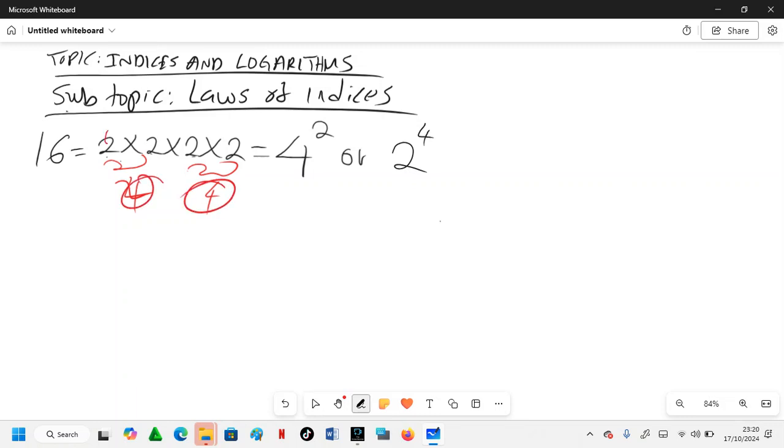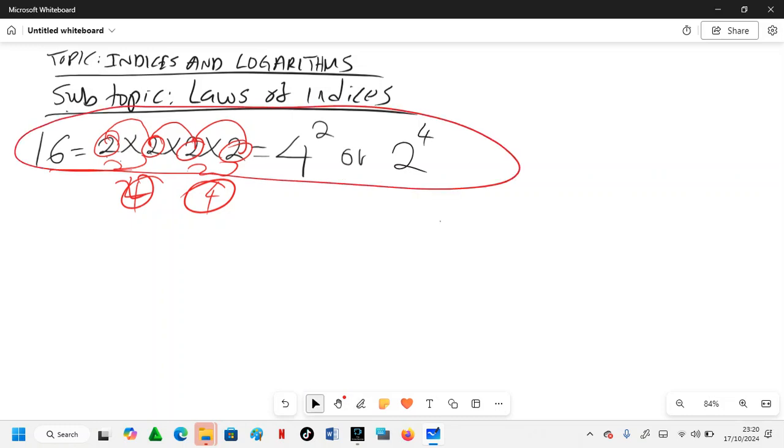And then 2 is just 2, 2, 2, 2, so 2 multiplied 4 times. It's the same way of writing 16, alright? So this and this are what we call indices, okay?